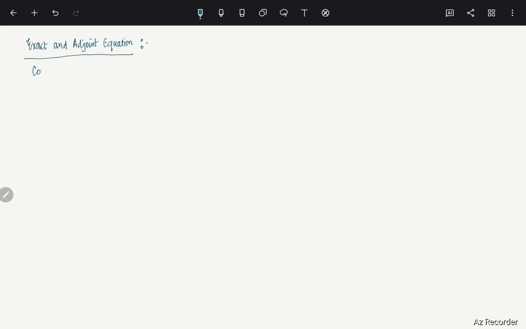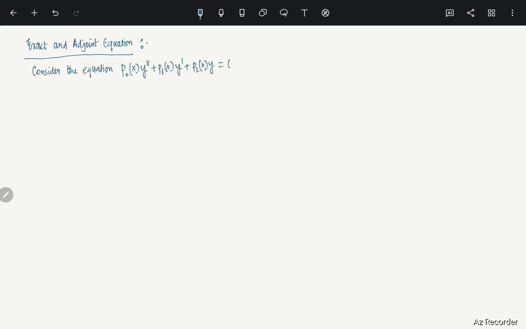So consider the equation P0(x) y'' plus P1(x) y' plus P2(x) y equals 0. Here x is a variable, right? Okay, so this is a system.